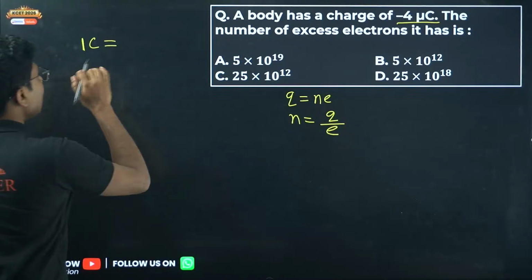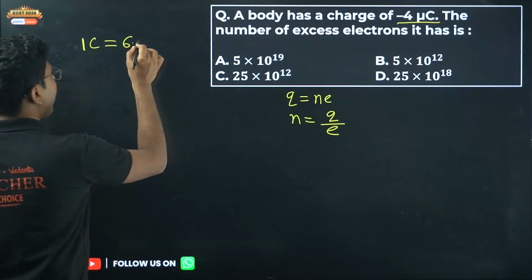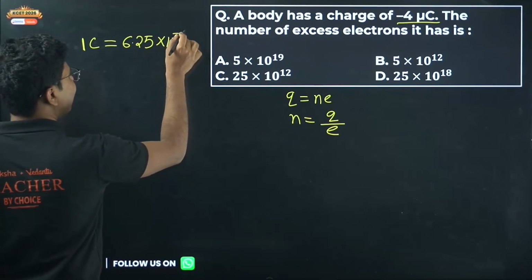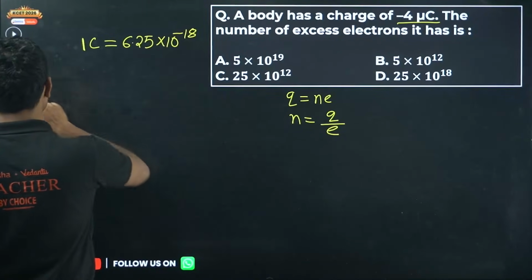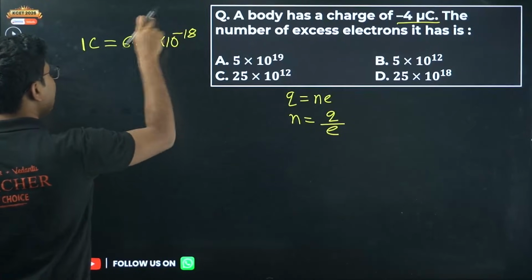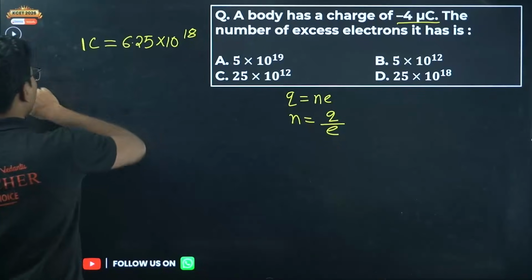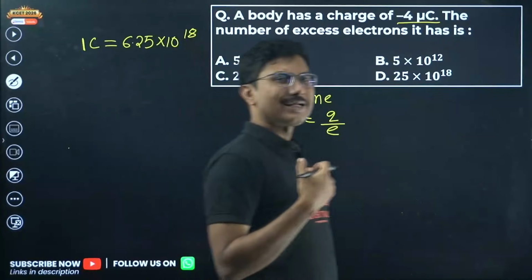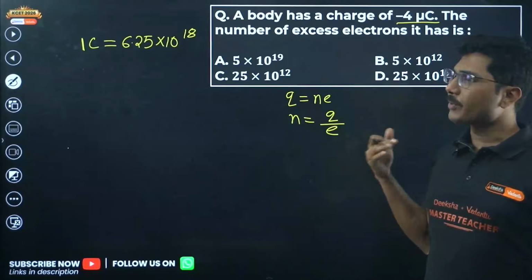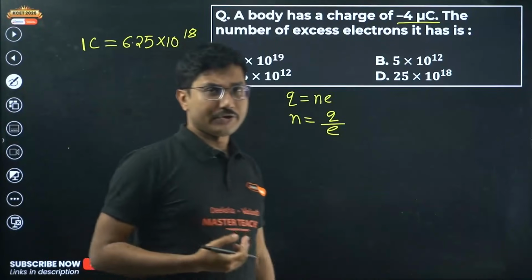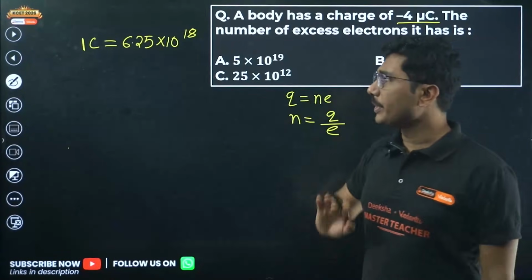So for 1 coulomb of charge, the value is 6.25 into 10 to the power of 18. This value you have to remember. If you remember this value, this kind of problem always becomes easy, and this kind of problem comes in KCET from time to time. This is not a one-off question. This kind of question is very common in KCET.